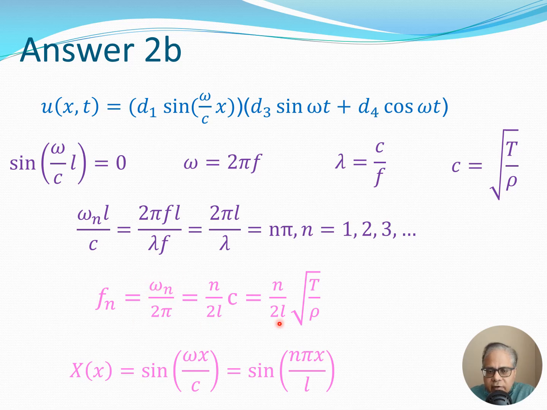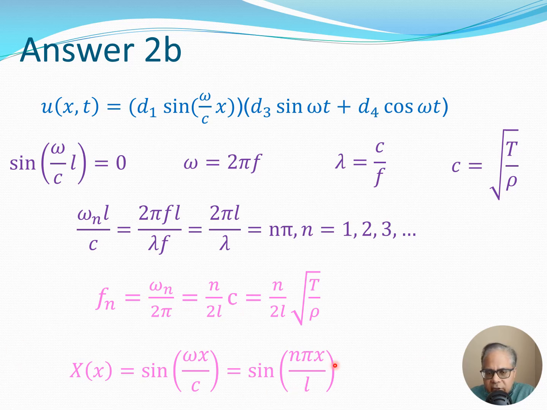Now, this is the natural frequency of the system. Of course, there are n natural frequencies given n is 1, 2, 3, and so on. And also this function X(x), which is sine n pi x by L, is the mode shape for this wave equation or the equation for the string, because we see here from the displacement that you are going to have this shape sine omega x by c, and therefore if I substitute this natural frequency, I get n pi by L in this particular equation here.